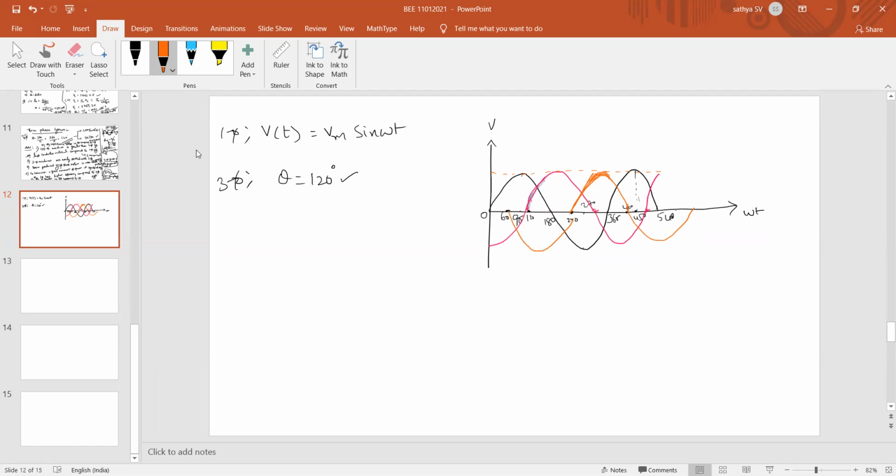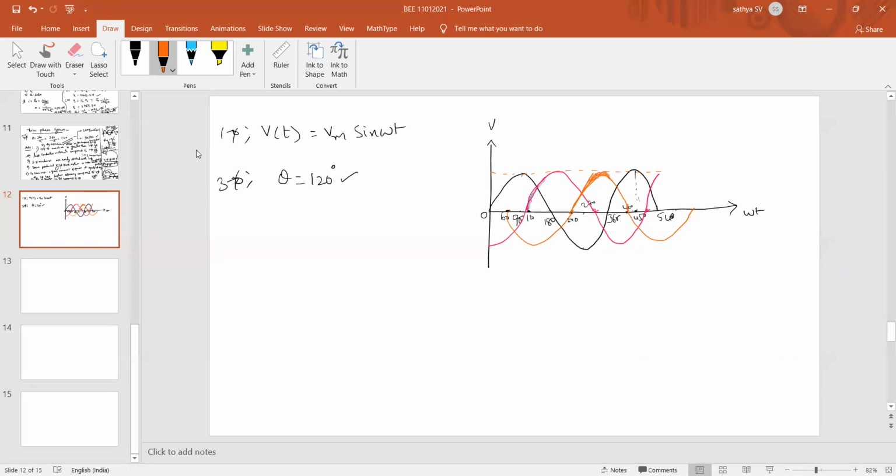It doesn't look good. Parallelly, you people also complete this waveform.